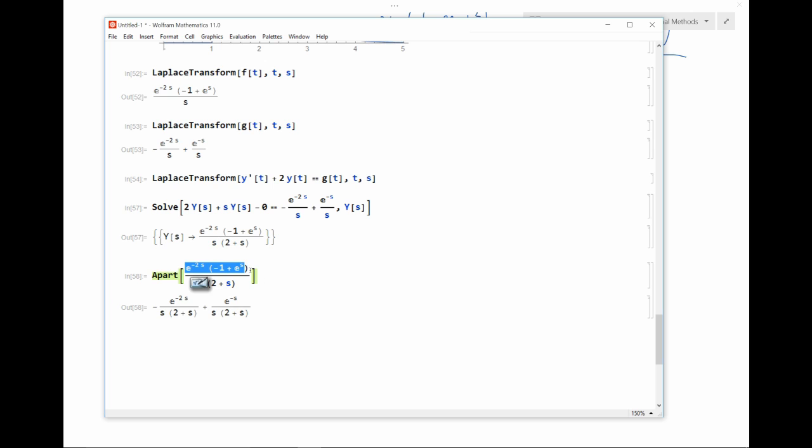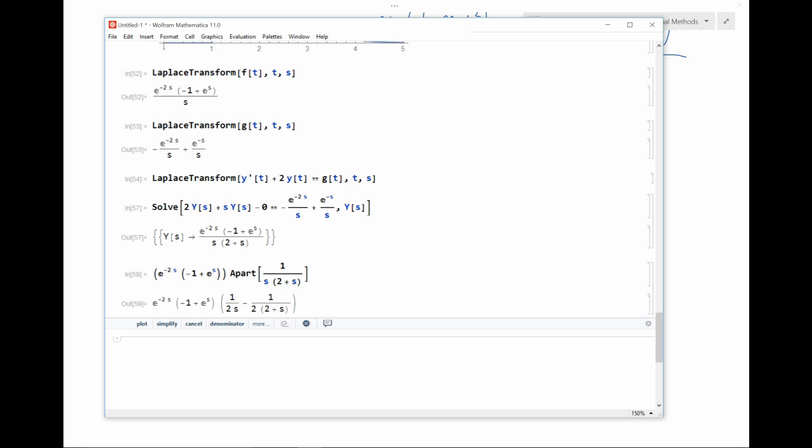So what I'd rather do is take them outside. And now the Apart command gives us the same partial fraction decomposition as we obtained in the notes. It's 1/2 and minus 1/2 as the coefficients for the fractions 1 over s and 1 over s plus 2.